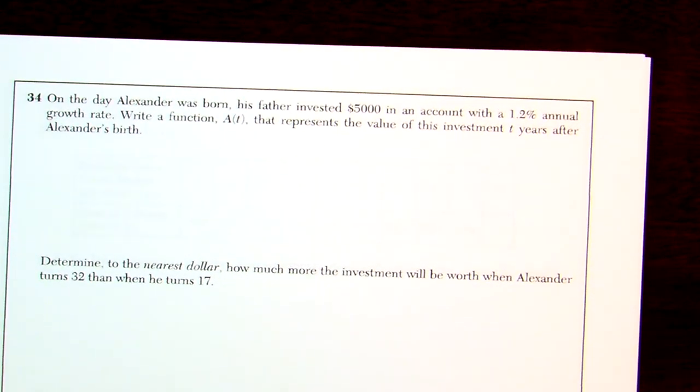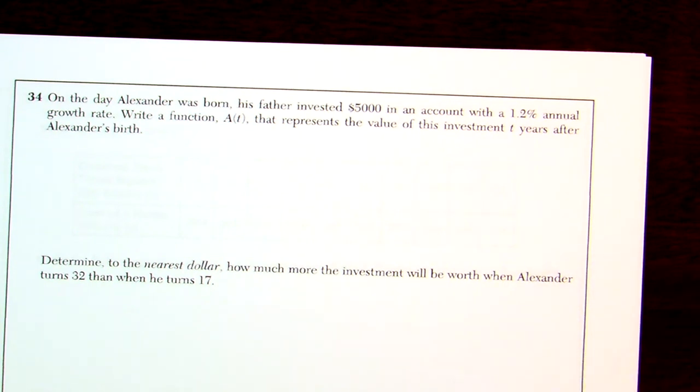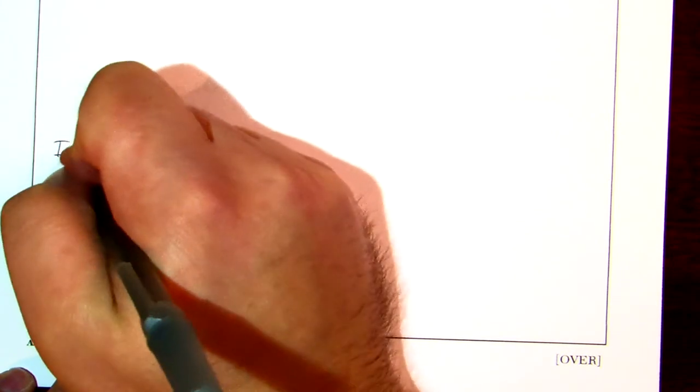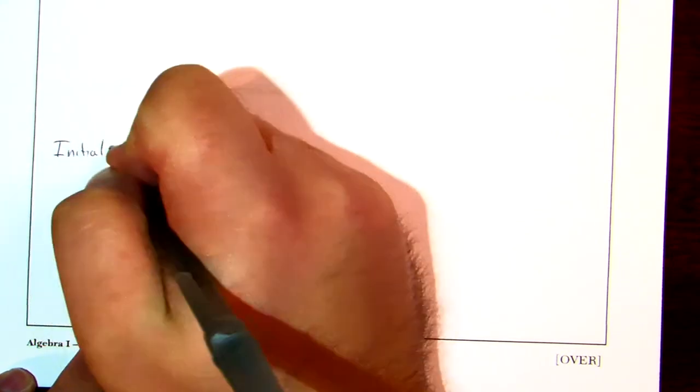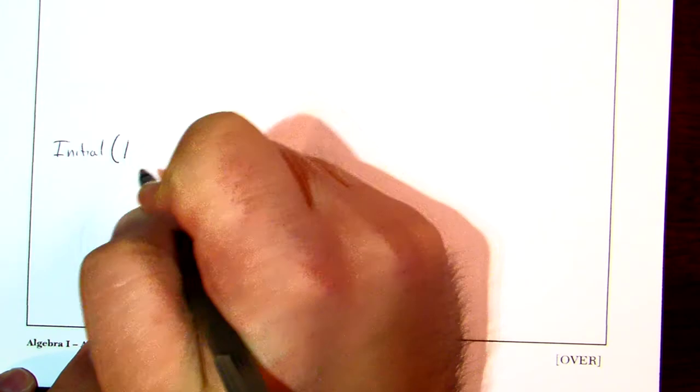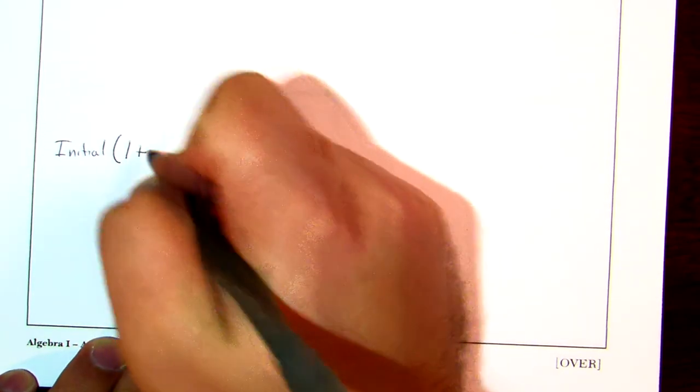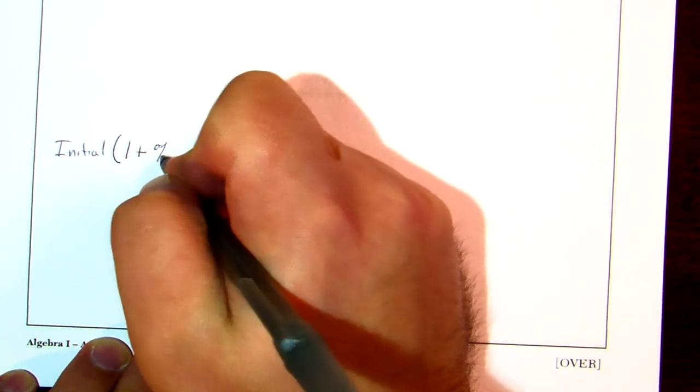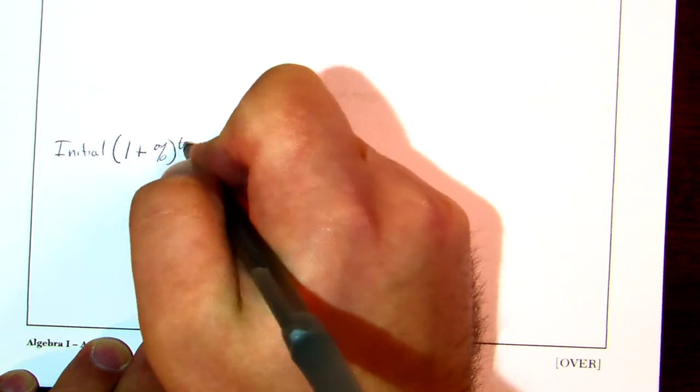If things are going to go up and you're going to get more money, then it's going to appreciate in value. So let's go ahead and write down the formulas. It's the initial times 1 plus the percent to the time.